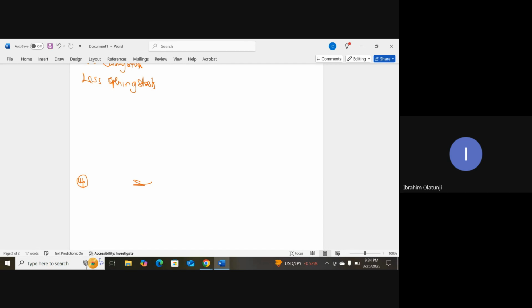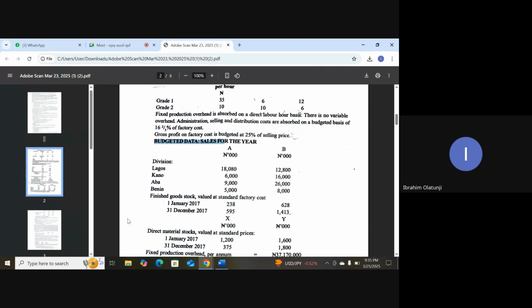So sales budget. We have A, and they are giving us in Naira equivalent. B, they are giving us in Naira, that is in 1,000. So then from there we have division.